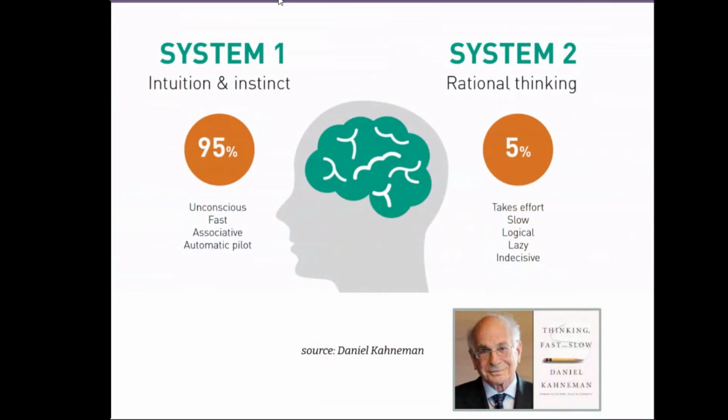So we have two different ways of thinking as human beings. A lot of our day is based off of system 1, instinct and intuition. So that's why I think things that are easy to use are intuitive, right?